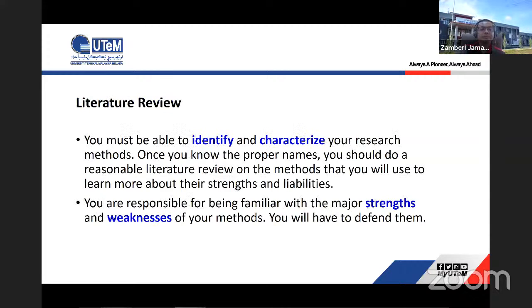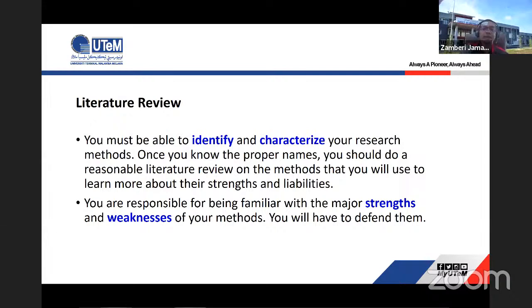Okay, literature review. Coming back to my first initial slides, literature review is the most important part of our research work. This is where the examiners, or the journal paper reviewers, would look in the first part of their examining process.